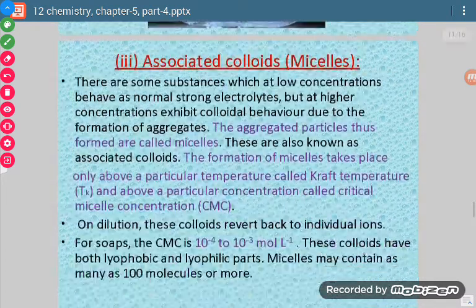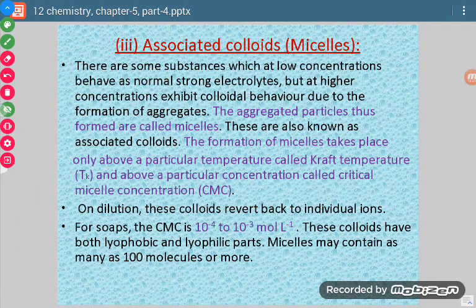Now let us come to the third category, associated colloids or miscellaneous. Here it is very interesting. There are some substances which at low concentrations behave as normal electrolytes, but at higher concentrations they exhibit colloidal behavior. If we take a substance in low concentration, it will act as a simple electrolyte.